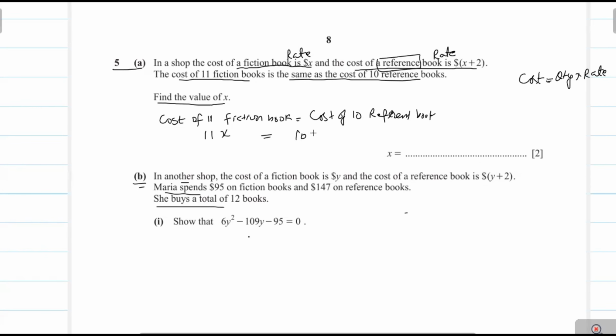Therefore, we multiply 10 into X plus 2. And this is the cost of 10 reference books. Now 11x equals 10x plus 20. Therefore, 11x minus 10x equals 20, so x equals 20. And this is the answer.